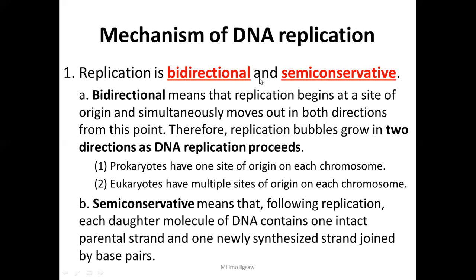So it is going to move in two directions, one forward and one backward, and we're going to understand this when we talk about the lagging strand and the leading strand synthesis. Then semi-conservative: we said that each daughter cell after replication will contain one parental strand and one newly synthesized strand.